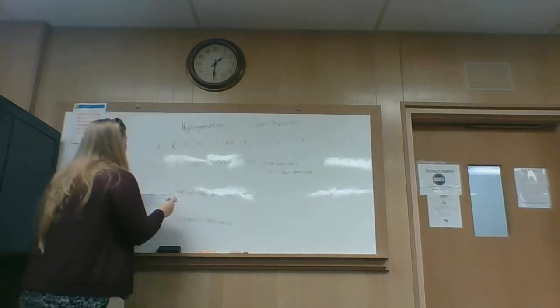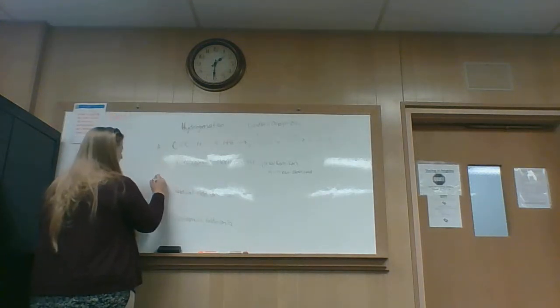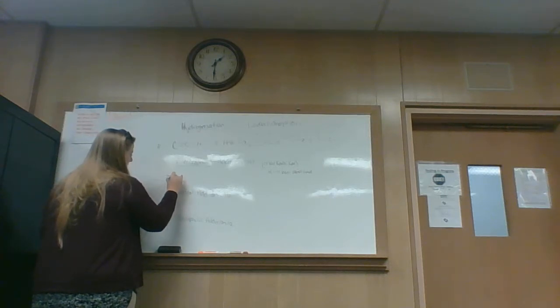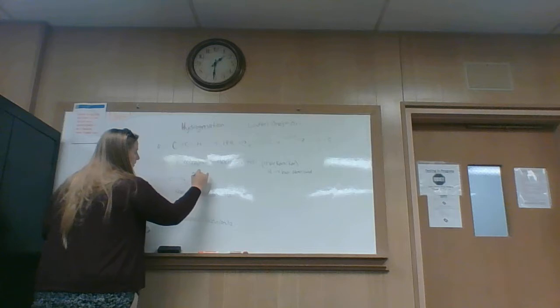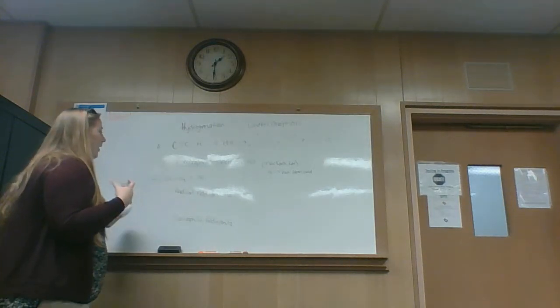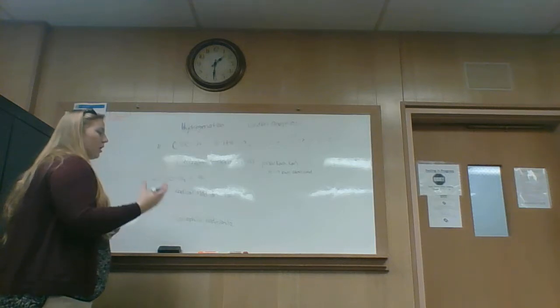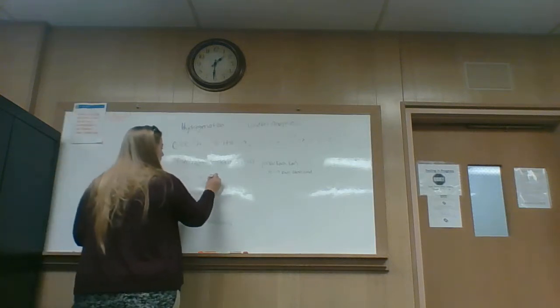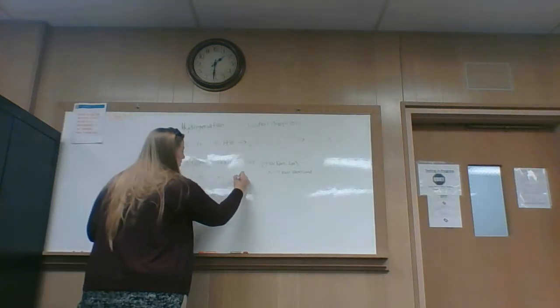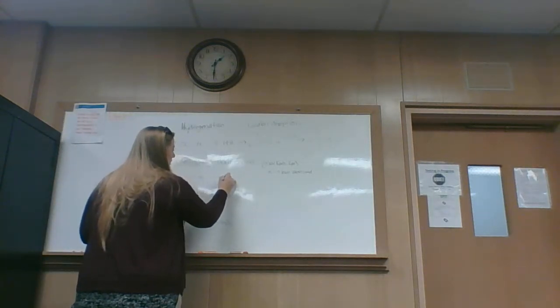So again, I'll use this one as an example. You're adding HX. So this could be hydrobromic acid, HBr, HI, HCl. Again, you're going to break one of your pi bonds, making an alkene.